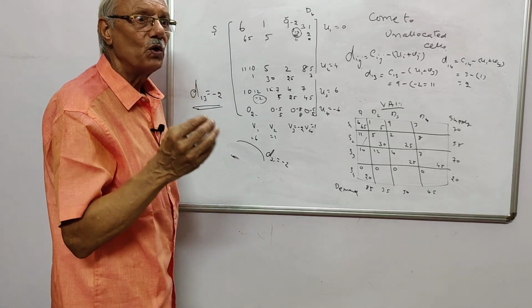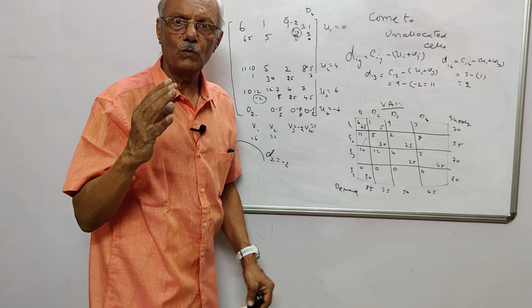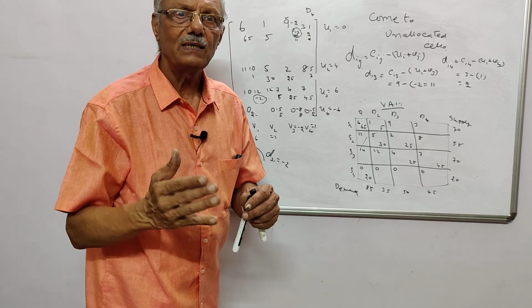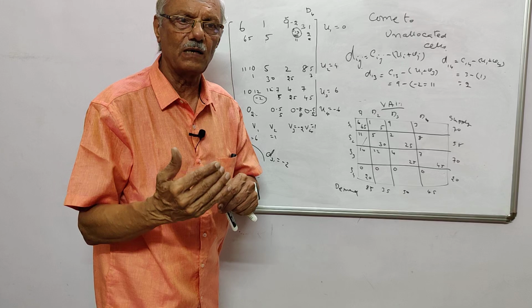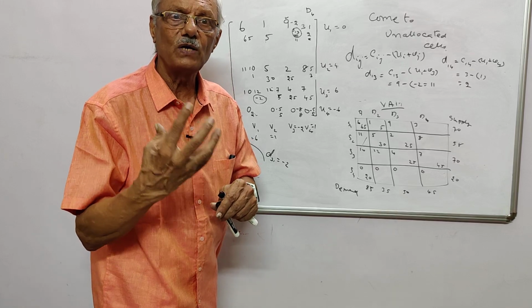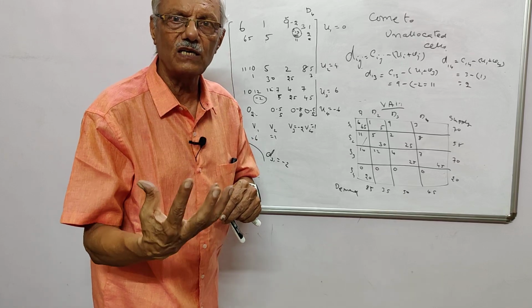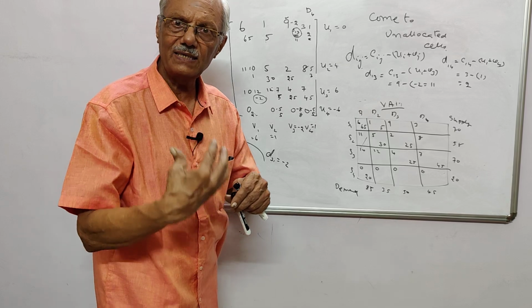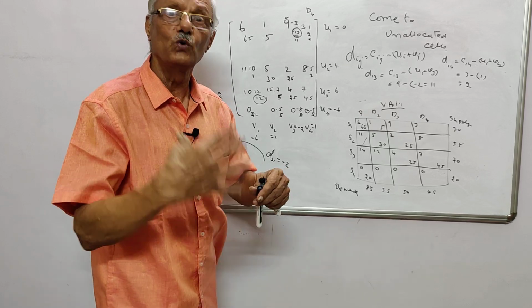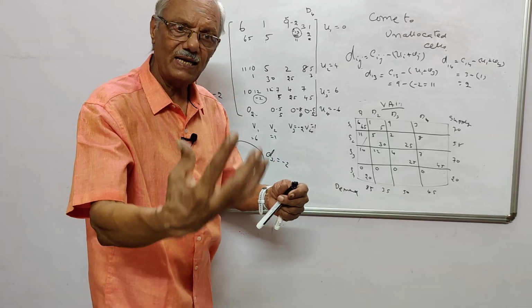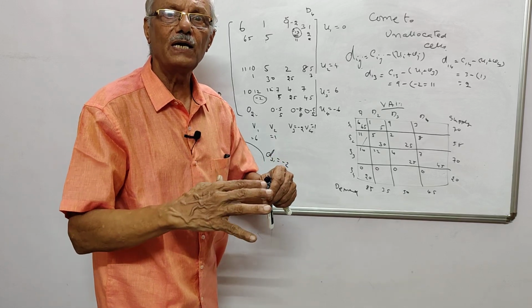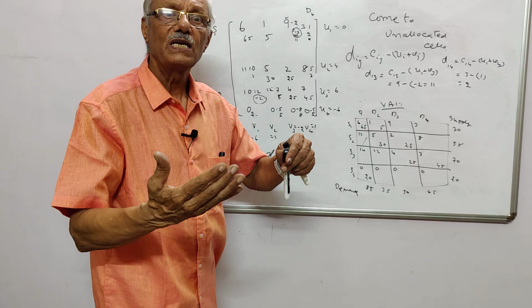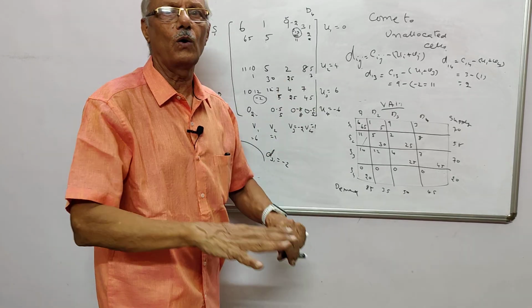That means, I will tell you in my own language, that if such a cell comes, a negative Dij, it is as good as that cell is asking you to do some reallocation and allocate to me a certain amount so that the overall cost is likely to come down.